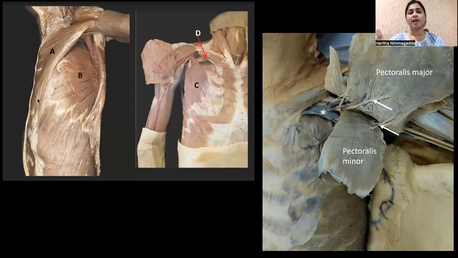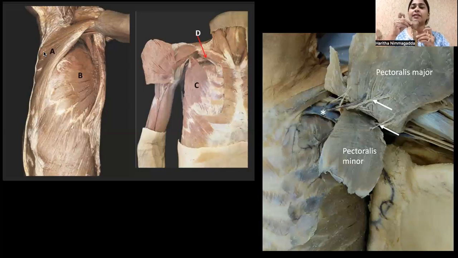Now let's say I want to see which muscles are inside pectoralis major. Now we are going layer by layer in dissection. Once we reflect the pectoralis major, we usually make a cut along the origin. Origin is towards the midline, and midline means at the sternum. So this is the sternum bone here.